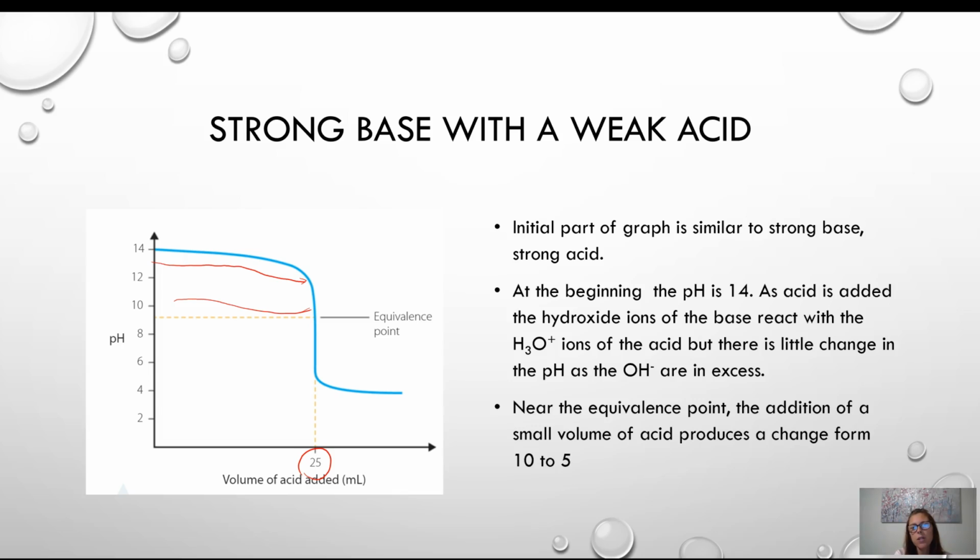But once it reaches this point, it can be just a number of drops that cause that pH to drop, and you see here it suddenly drops into almost a straight line. Just after that equivalence point, it flattens out again, and adding any more of that weak acid isn't going to change our pH down to the 1 zone because it's a weak acid, so it doesn't dissociate quite so much, so it's not going to end up in that area anyway.